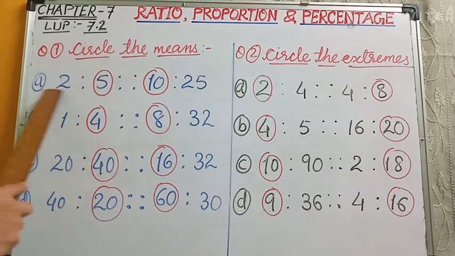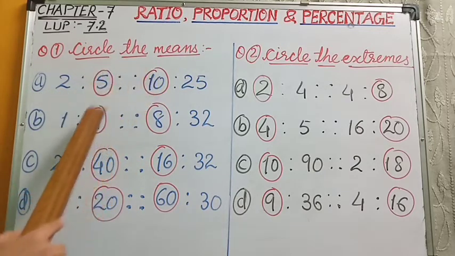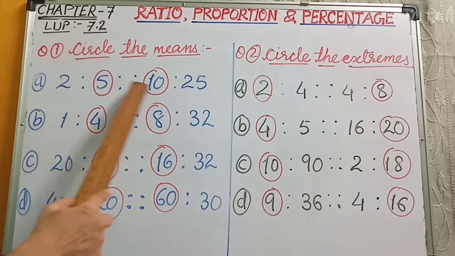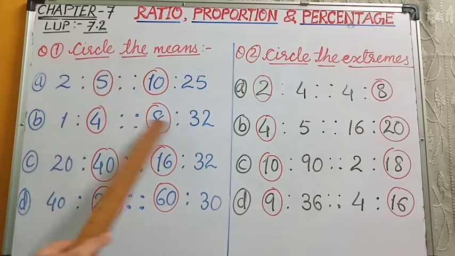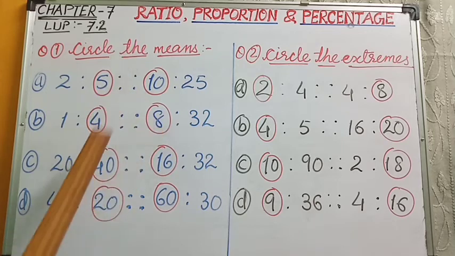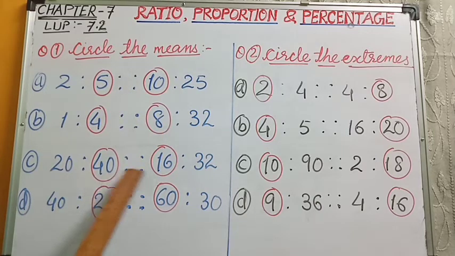So in the first question 5 and 10 are means because they are the second and third terms. In this proportion 4 and 8 are means. In this proportion 40 and 60 are means, and in this proportion 20 and 60 are means, and first and fourth terms are extremes.